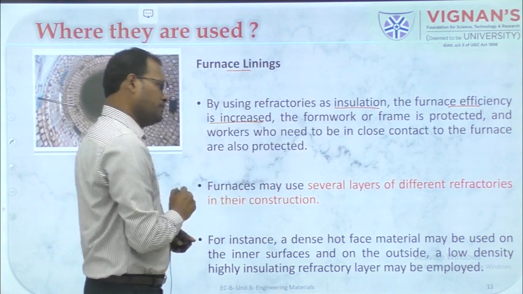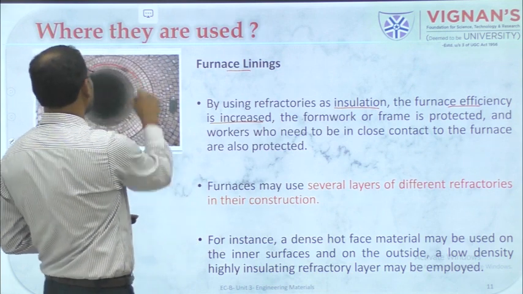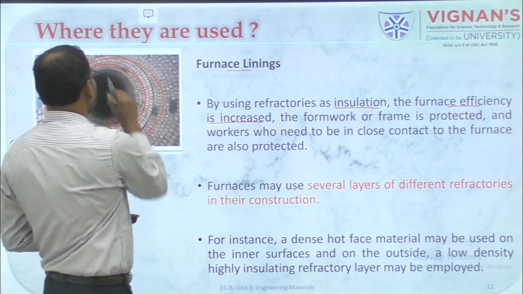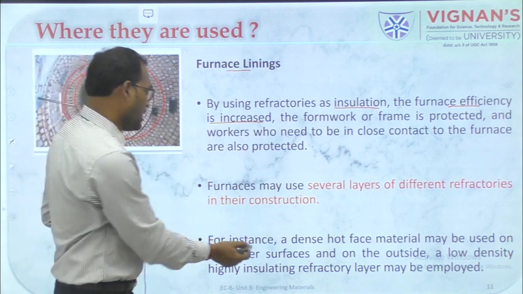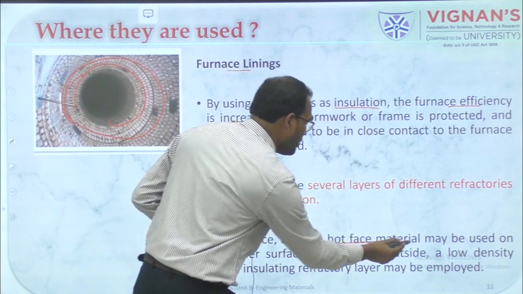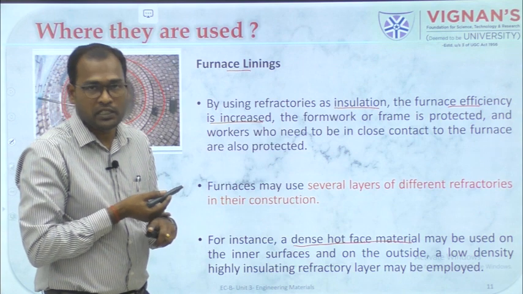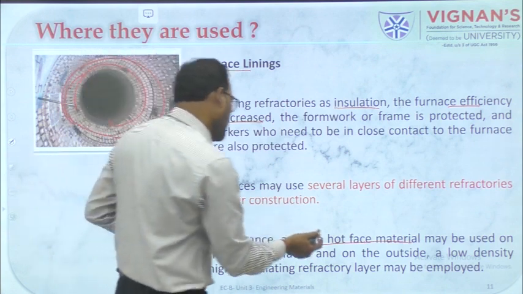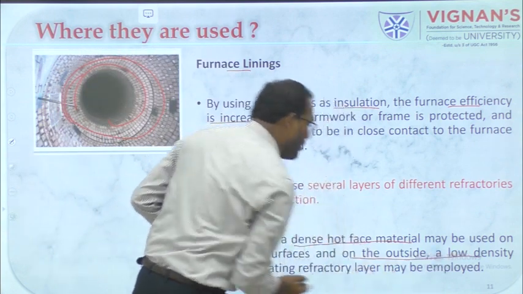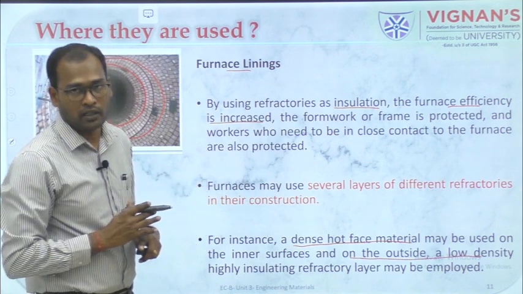And as I said earlier, they are used in multiple layers, right, as they have different properties. I have mentioned it here. The inner one will be used for the dense hot face material which will be in contact with the hot slag, right, and the outer one will be of low density and it will act as an insulator, right.